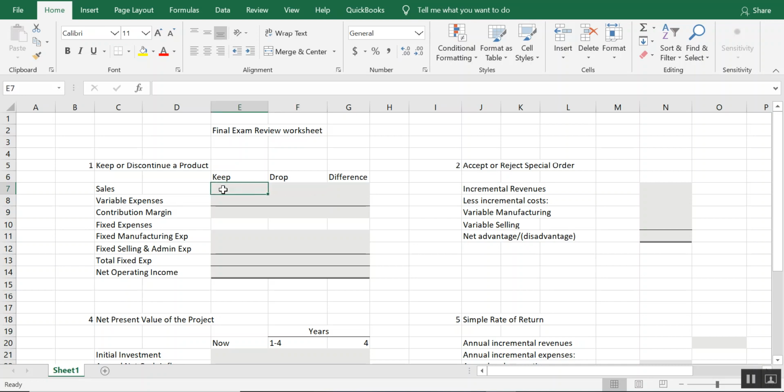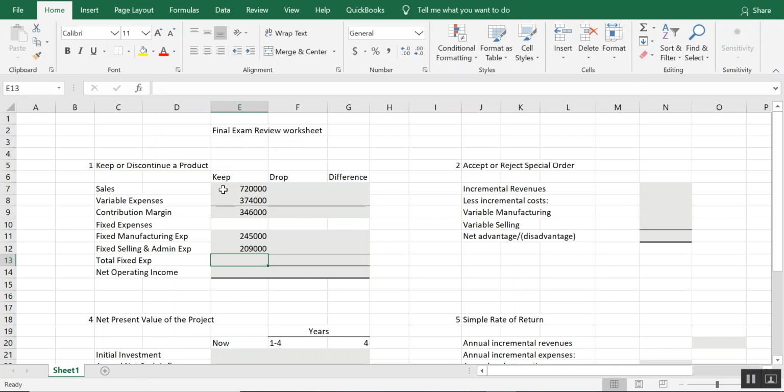So if we keep the product line around, we'll still have the 720,000 in sales. We'll still have the 374,000 in variable expenses, and we'll have a contribution margin of 346,000. We'll also have the full fixed expenses that we had of 245,000 in manufacturing and 209,000 in sales and admin.